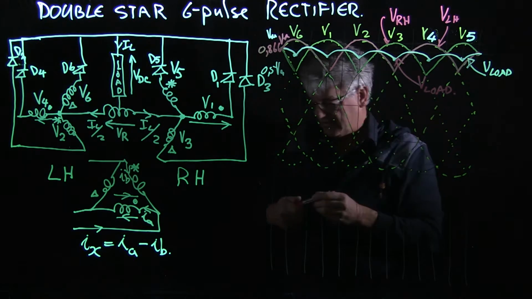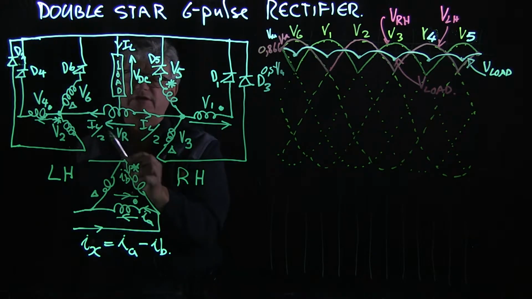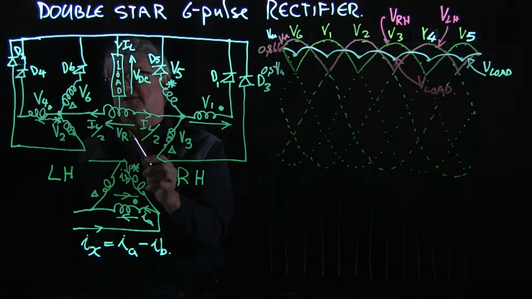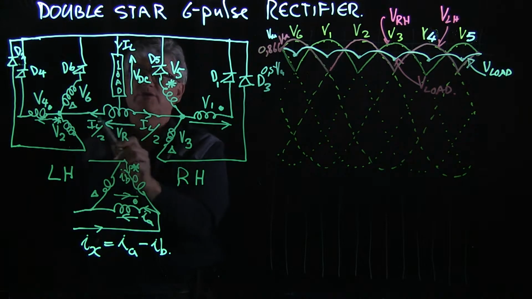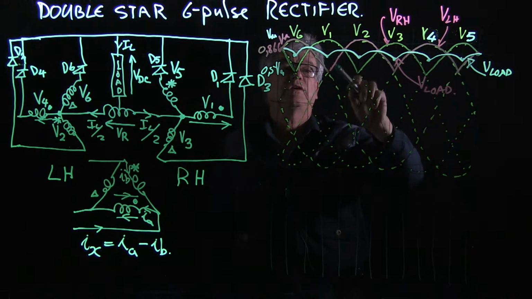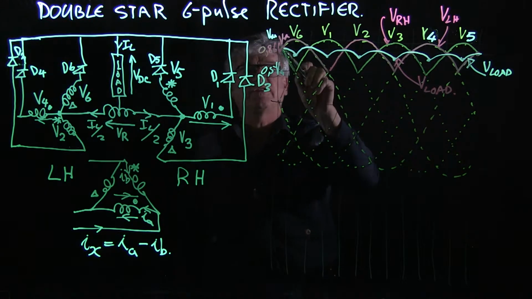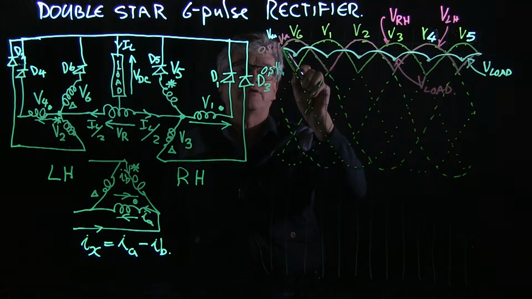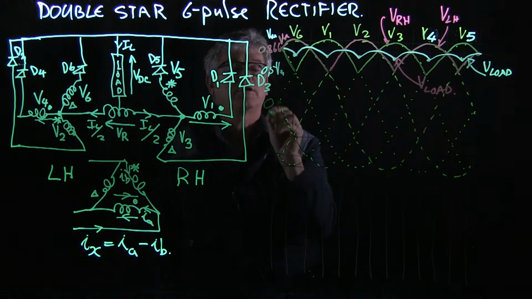If we go look at the interphase reactor, we see that the interphase reactor voltage VR is the difference between the left-hand output and the right-hand output. So the left-hand output is this one here, and the right-hand output is that one there. So at this point here, both are 0.866. If I subtract them from each other, I get 0.